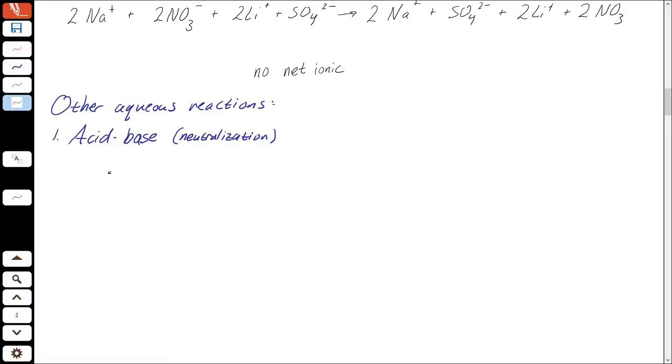But just for a classic example, you've got HCl, aqueous, plus sodium hydroxide, aqueous. And the key to a neutralization reaction is that the product is liquid water.